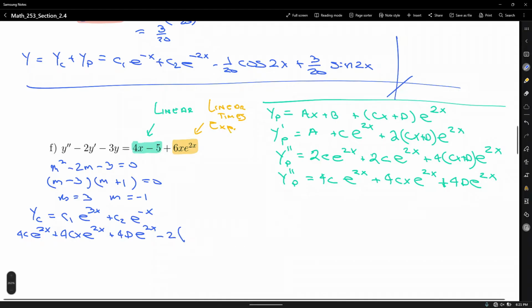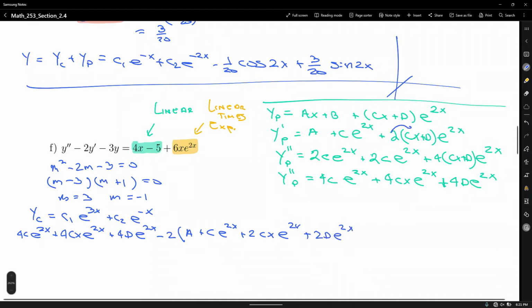Actually, I changed my mind for the first derivative: I'm going to distribute it. That'll be a plus c e to the 2x, and here I'm going to distribute 2 times cx, 2cx e to the 2x, and 2d e to the 2x.